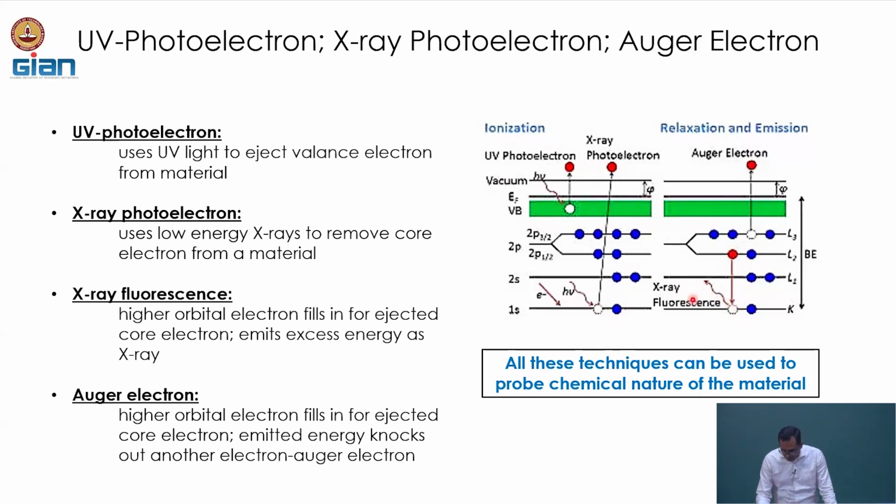Or the higher electron can come here and whatever energy is generated kicks off one outer shell electron. That is called an Auger electron, a secondary electron. Okay. So, these are some of the techniques. I just wanted to make sure that when XPS happens, the fluorescence and Auger electrons are not very much avoidable, but the type of detectors we are dealing with these days selectively take the photoelectron and try to avoid these secondary emissions.